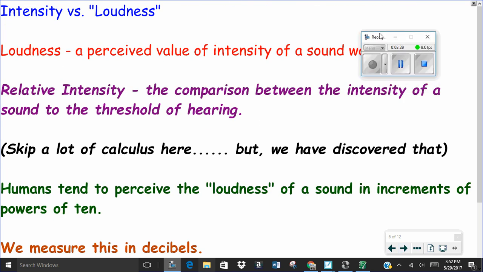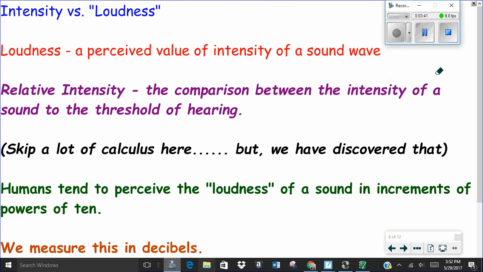Now, remember that sound is only received if you've got a receptor. So you can have a longitudinal compression and rarefaction wave that has some amount of intensity, but in order for that sound to have some sort of volume to it, we have to have a receptor.